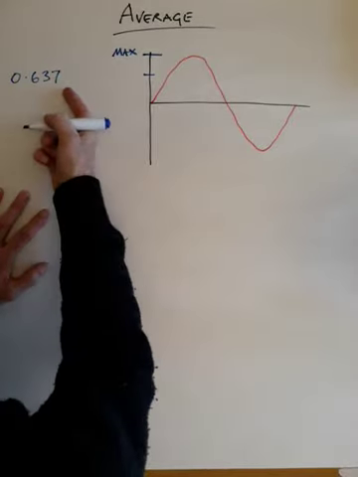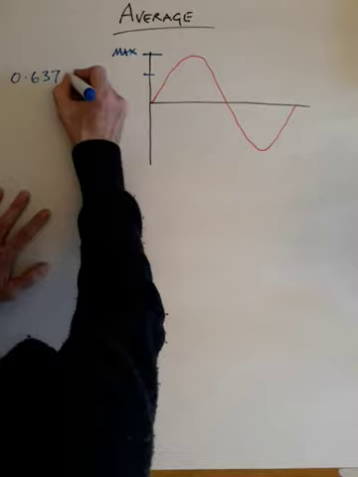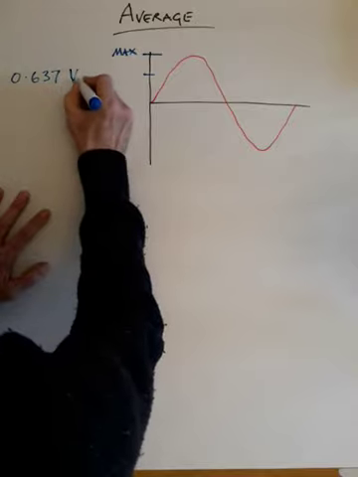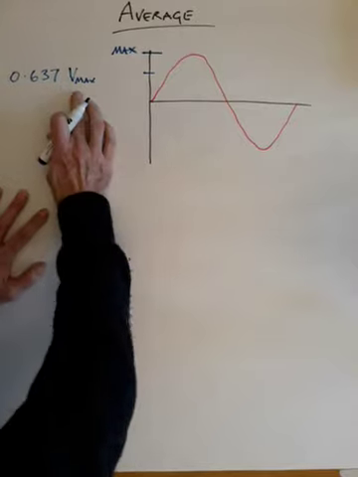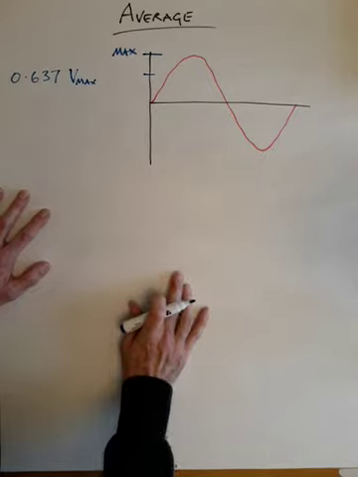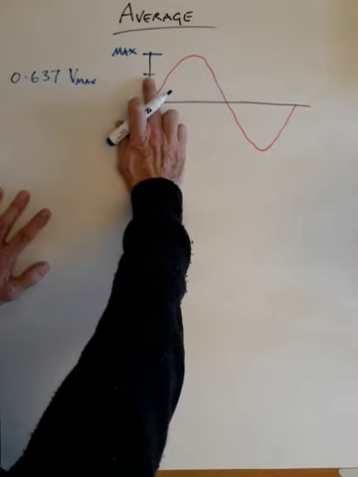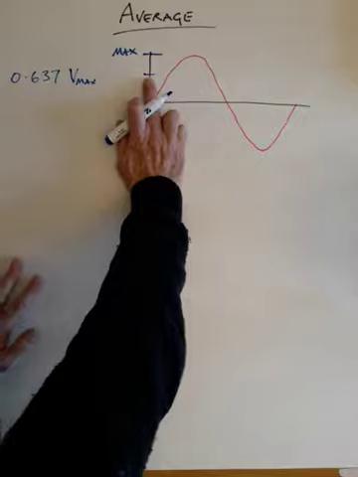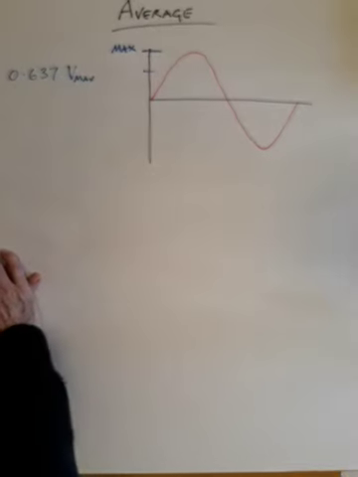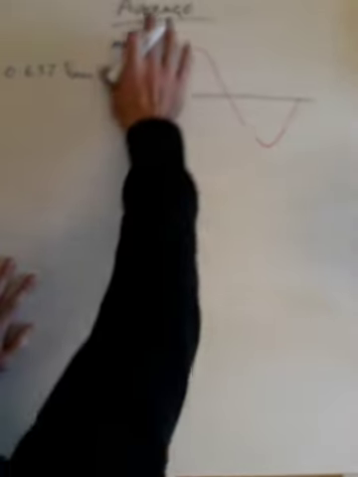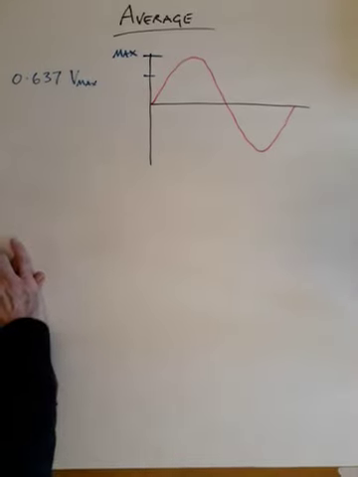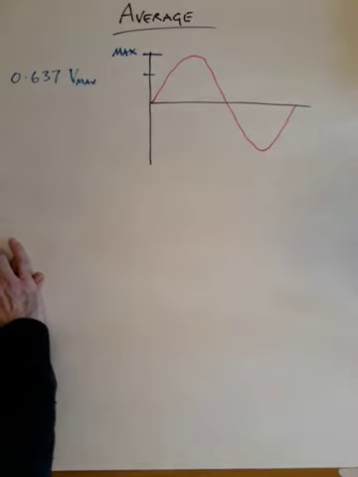So the average value is 0.637 of Vmax or Imax or Pmax, whichever one we're dealing with. A quick pointer at this instant in time, RMS questions are much more likely to come up than average. It's been quite a long time since I've seen an average calculation appear in an exam.